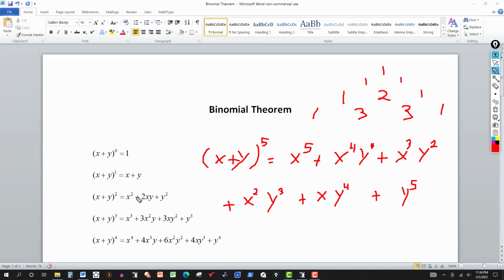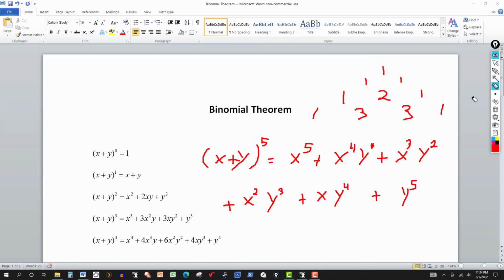Coefficients 1, 2, 1. And then for the cube would be the next row, 1, 3, 3, and 1. And you can keep on going. So I would have to have 2 more rows to get the coefficients of this. So that's one way to do it.